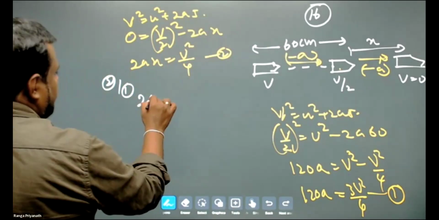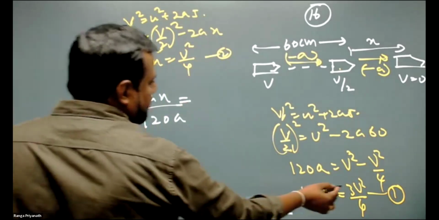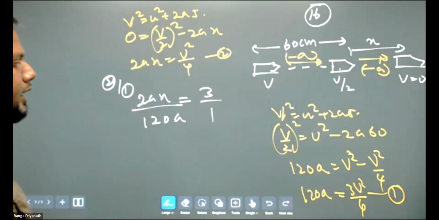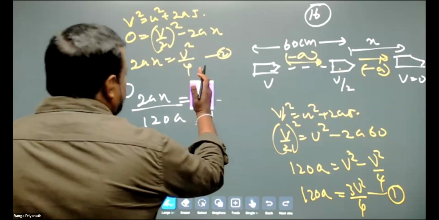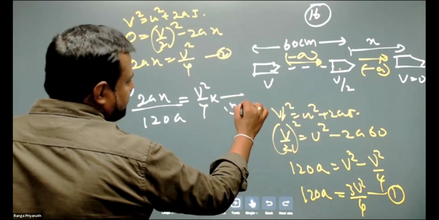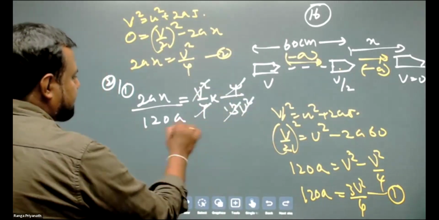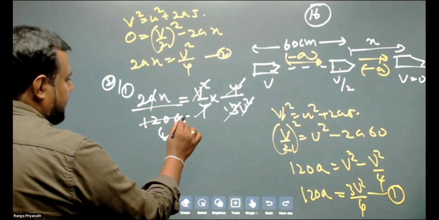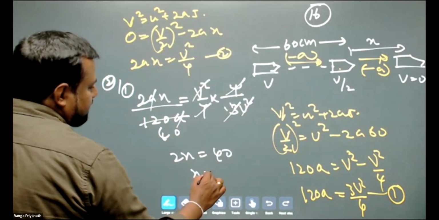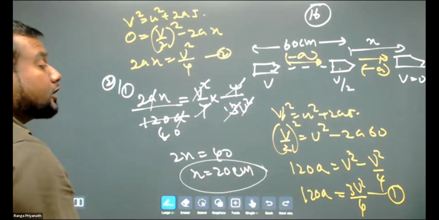Now you can divide 2 by 1. 2ax divided by 120a equals v squared divided by 4 over 3v squared divided by 4. v squared cancels, 4 cancels, and a also cancels. So 2x over 120 equals 1 over 3, giving 2x equals 40, so x equals 20 centimeters. But 20 centimeters is not the answer.